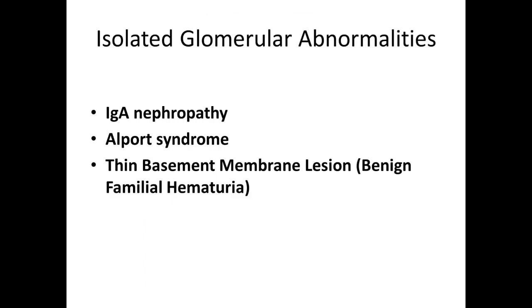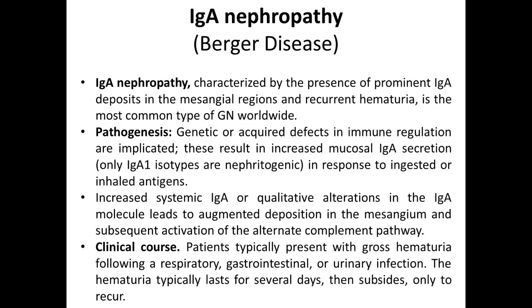Isolated glomerular abnormalities include immunoglobulin A nephropathy, Alport syndrome, and thin basement membrane lesion, or benign familial hematuria. So the Berger disease, or immunoglobulin A nephropathy, pathogenetically, guys, involves genetic or acquired defects in immune regulation.